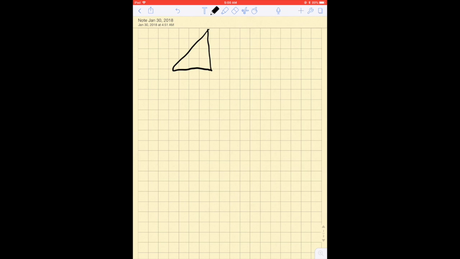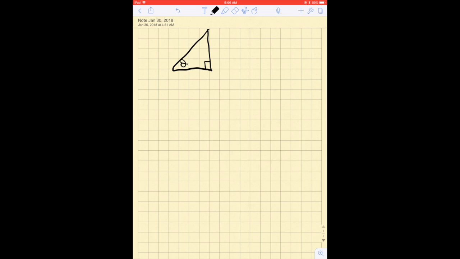Okay, so we left off last time talking about triangles, right? If we have a right triangle with angle theta, remember that theta is just the angle that we specify. It could be either angle that's not the 90-degree angle.